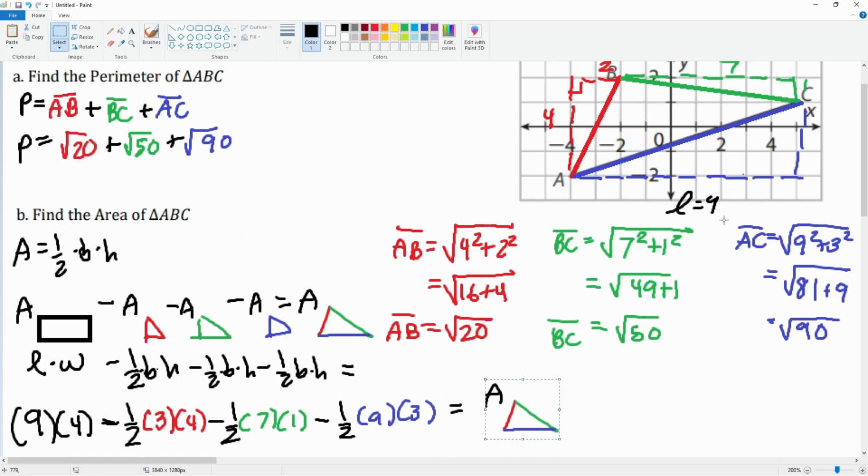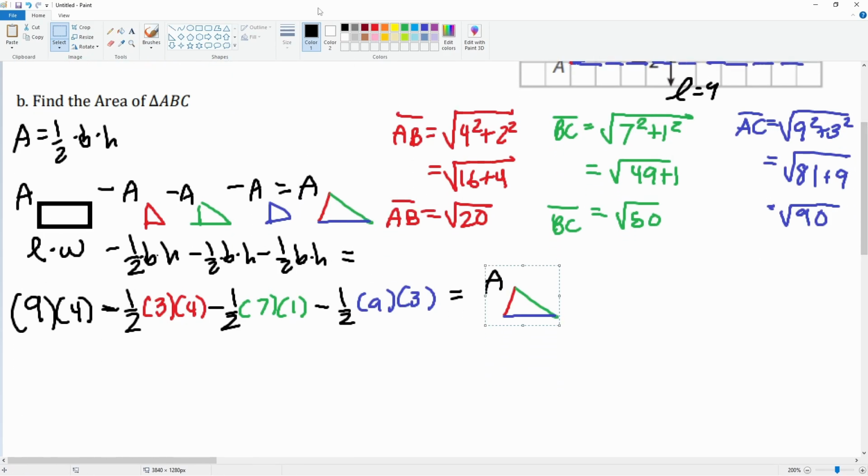All right. 9 times 4 is 36, minus, let's do 1/2 times 3 times 4. That gets me 6 for the area of the red triangle. Then we're going to minus 1/2 times 7 times 1 for the green triangle.